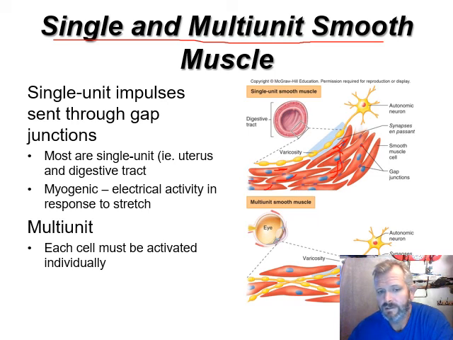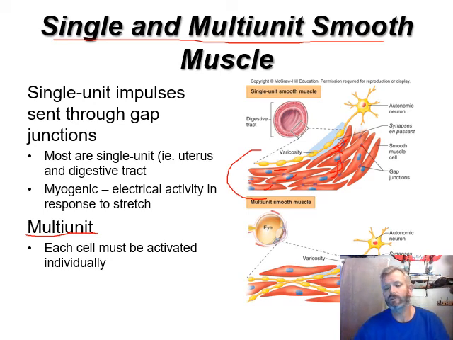Whereas the multi-unit is the less common. Most of them are set up the single unit way. In the multi-unit, I have to run these through because there are no gap junctions. I have to individually activate each muscle fiber. I have to depolarize each.